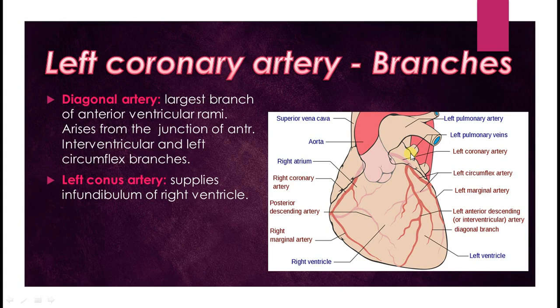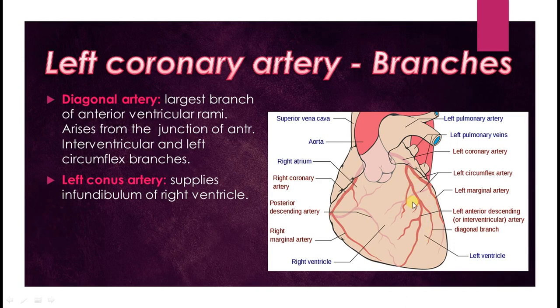Next is the left conus artery, which supplies the infundibulum of the right ventricle. Like the right conus artery, both might form an anastomosis, which is called the annulus of Vieussens. So the anterior interventricular artery mainly supplies the left ventricle along with a small strip of the sternocostal surface of the right ventricle and the anterosuperior part of the interventricular septum.